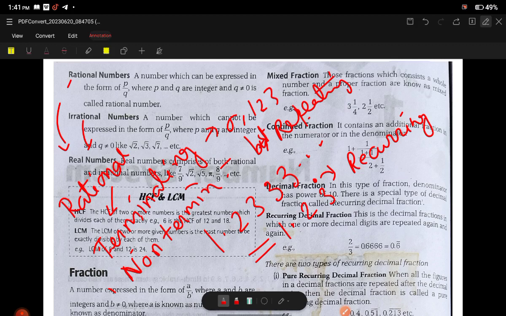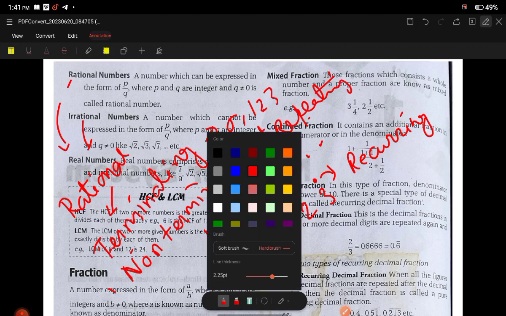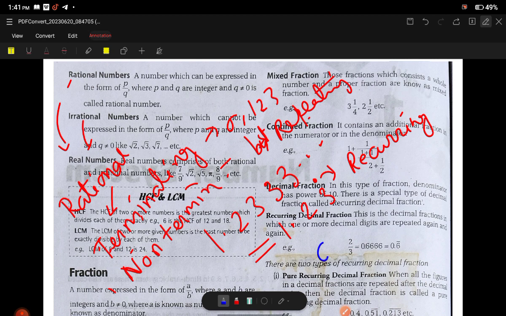So that means 3 is repeating. If I write 0.223 with a bar over it, this is also called a vinculum bar, so this means 23 is repeating.